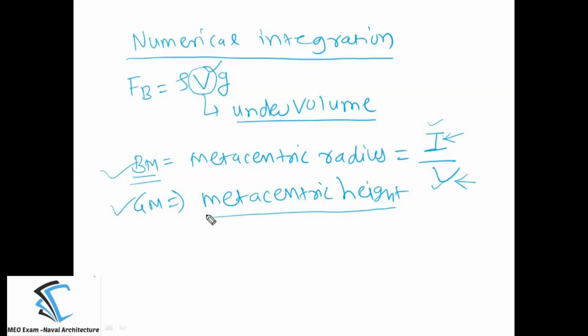At this moment, just try to understand that we need to calculate the GM, and to calculate the GM you should know BM, and to know BM you should have the idea about I and V. I is the moment of inertia of the water plane and V is the underwater volume. Now, to calculate the moment of inertia and the underwater volume, we need to perform numerical integration.